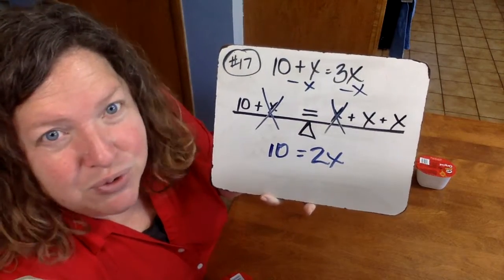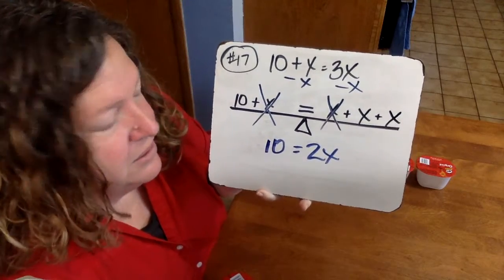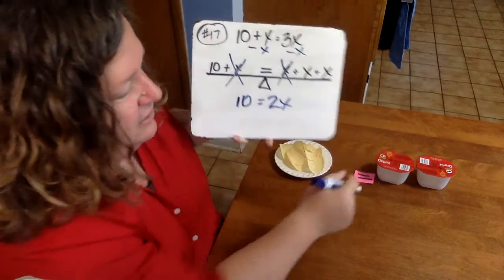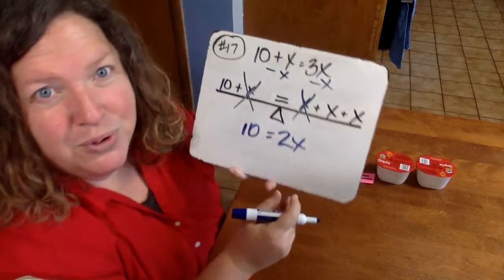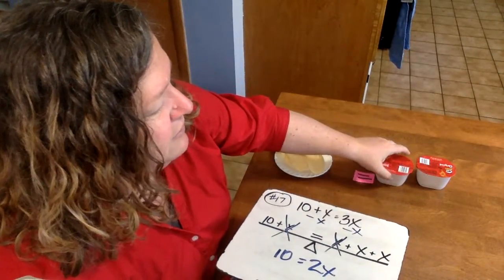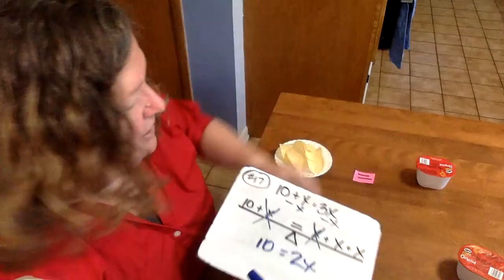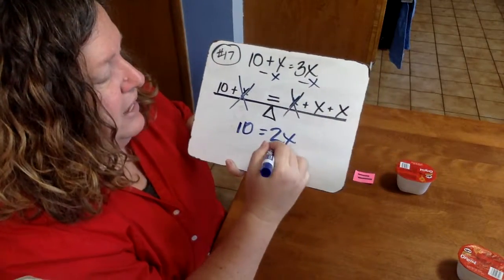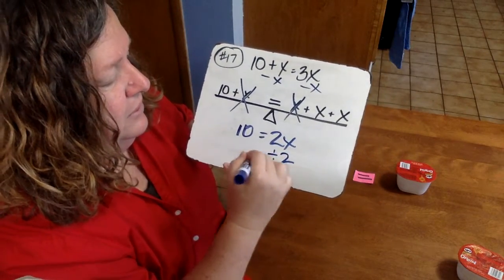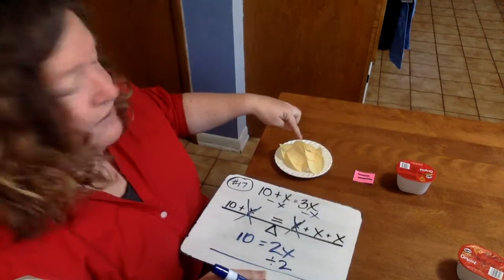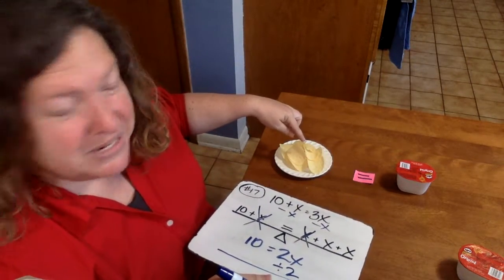We don't want 2 groups, we want 1 group. So instead of multiplying by 2, we're going to divide by 2 so that we only have 1 there. If we divide this by 2, we have to divide this into 2 groups and take one of them.